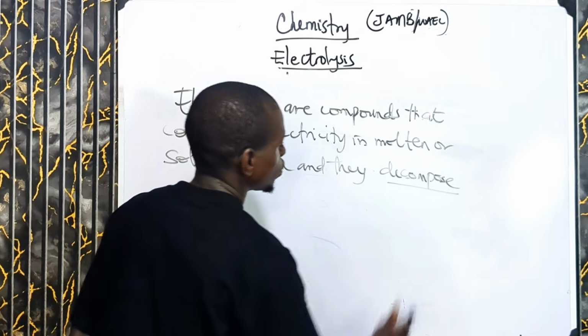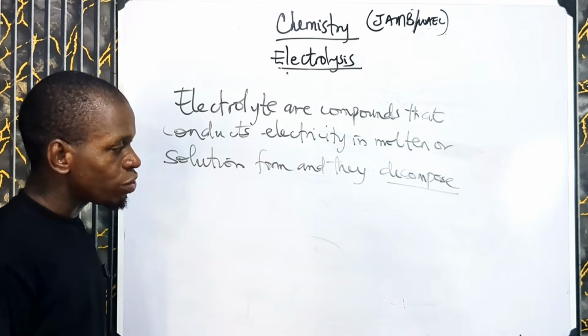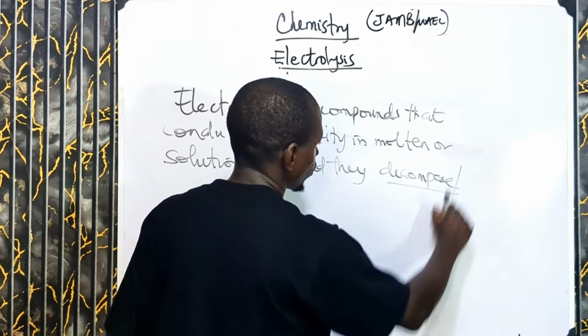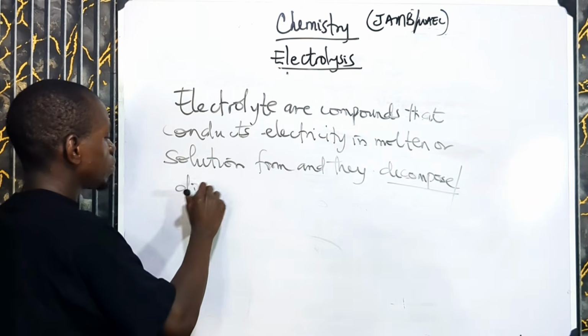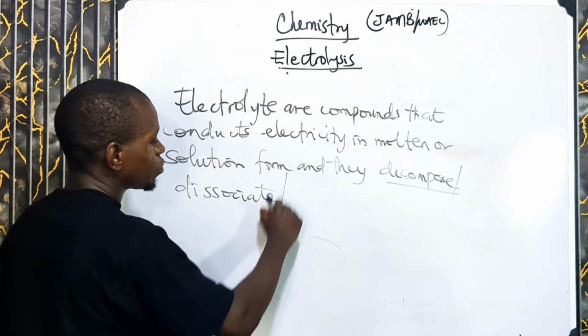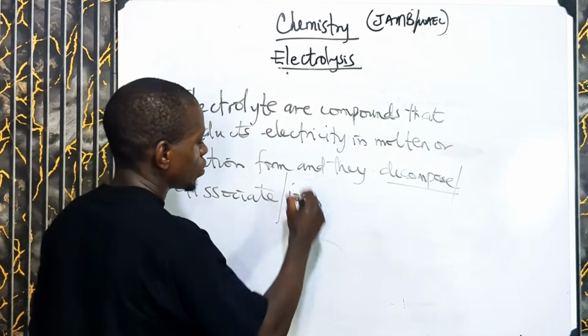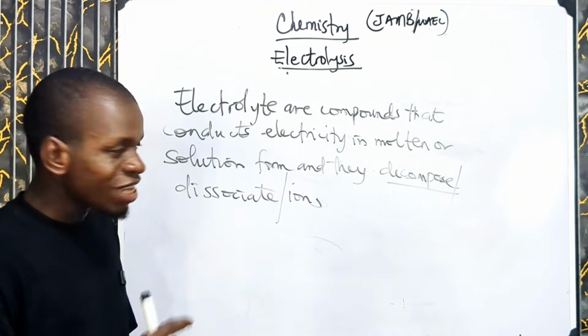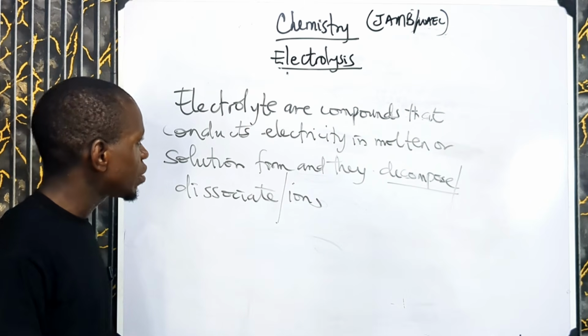You can call it decompose or you can call it dissociate. It simply means that you turn the compound into ions, converting that compound into ions. That is exactly what we mean by that.